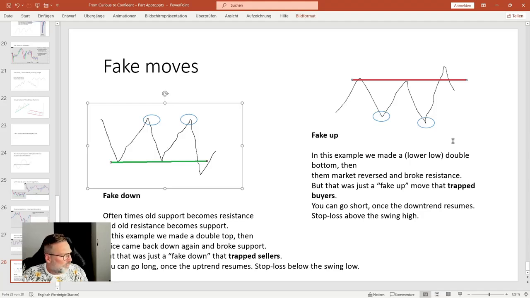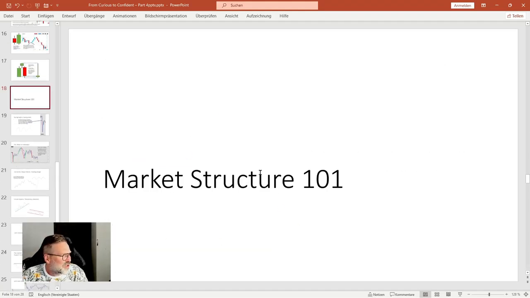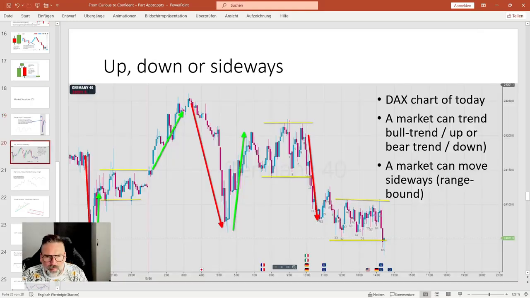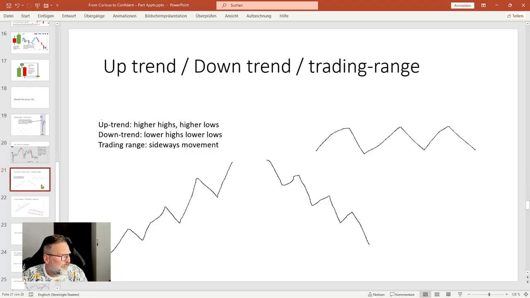All right, so that concludes market structure 101. We talked about how the market moves, rarely in a straight line, more often in swings, swing highs, swing lows. The market can move up, down, or sideways. We talked about how to discern uptrends, higher highs and higher lows, downtrends, lower highs and lower lows, and sideways movements.